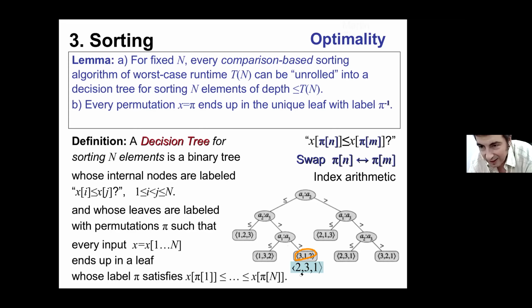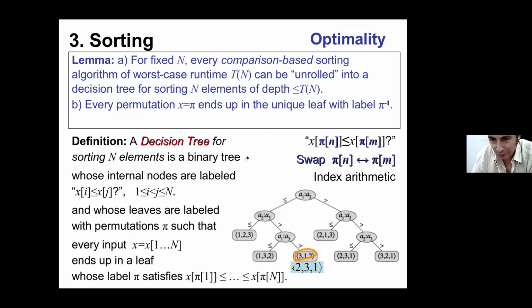So when I apply the algorithm on an array in which the permutation is written in terms of its images, so x1, x2, x3, so when x is a permutation, then this will end up in the leaf which should be labeled with the inverse permutation.